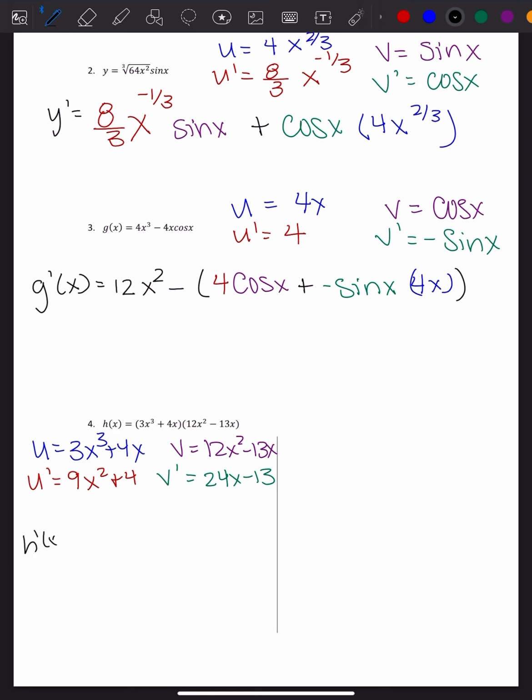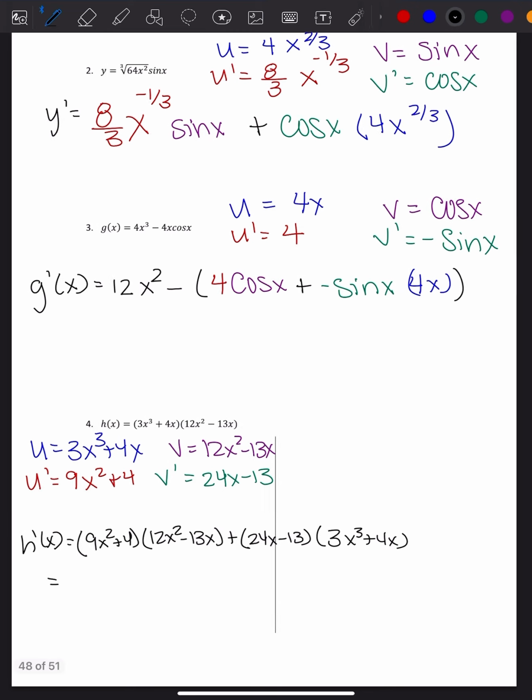So now we're going to put it all together. I have h prime of x equals 9x squared plus 4 times 12x squared minus 13x, plus 24x minus 13 times 3x cubed plus 4x. Normally I wouldn't multiply these out at all, but we are going to this time so you can see that we get the same things. So I have 9x squared times 12x squared.